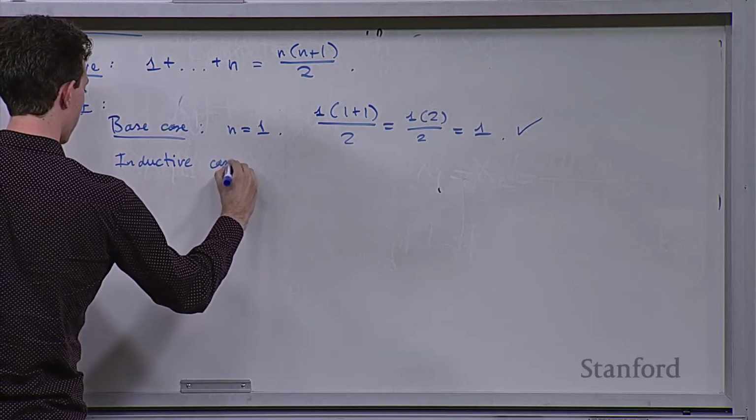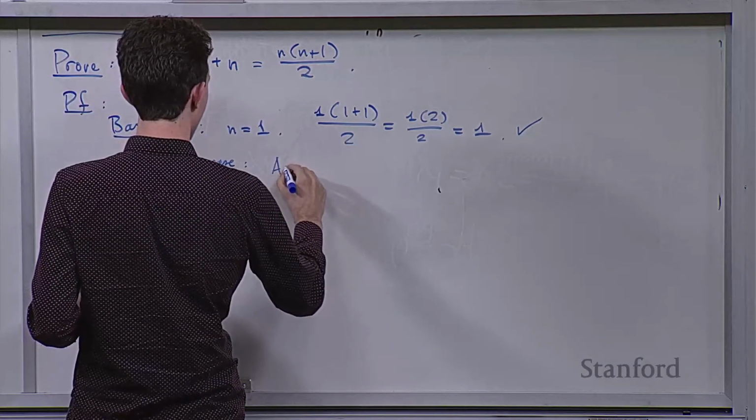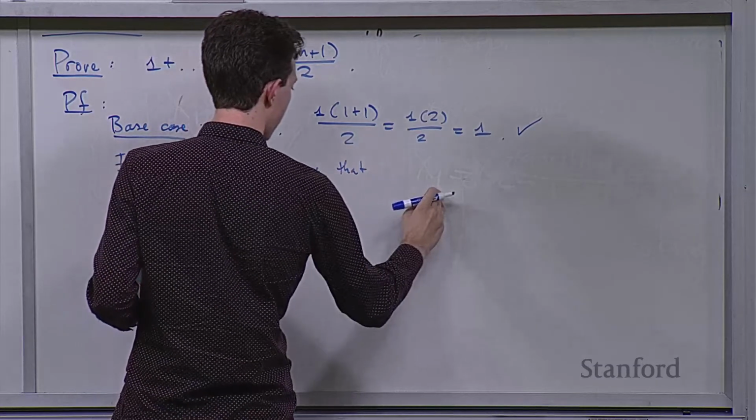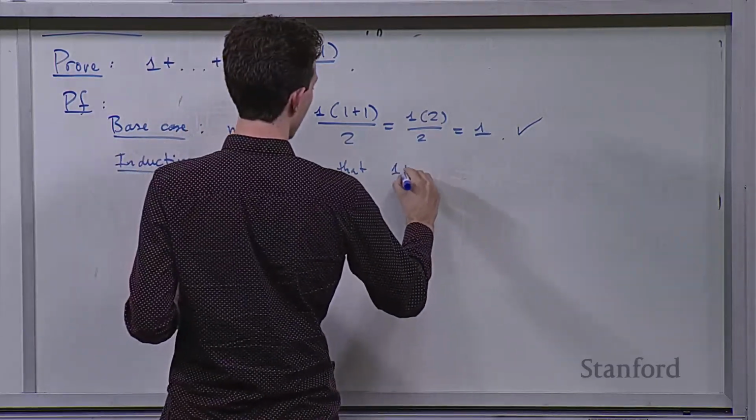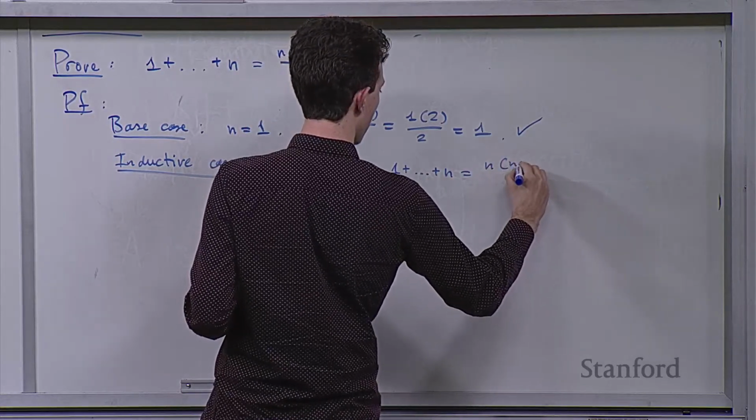Now let's look at our inductive case. The way this works is we say, assume that 1 all the way up to n sums up to the thing we want it to.